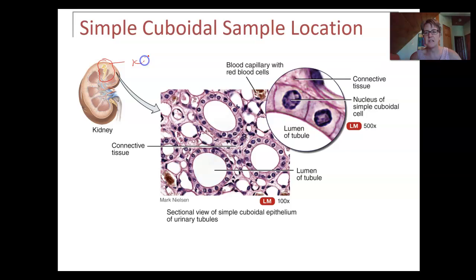So this is inside the kidney, and it's called a nephron. And you find simple cuboidal in these nephrons. These are like tubules. It's so confusing. Don't get too hung up on it. So here's my little boxy cells right there. They're nice and they're boxy, and it's making up these simple cuboidal in the kidney, making up the nephron tubules.